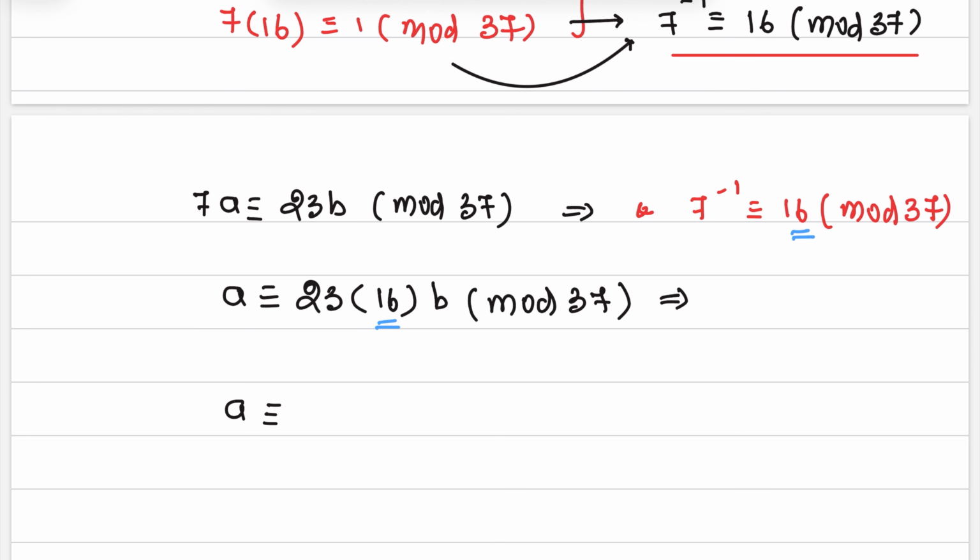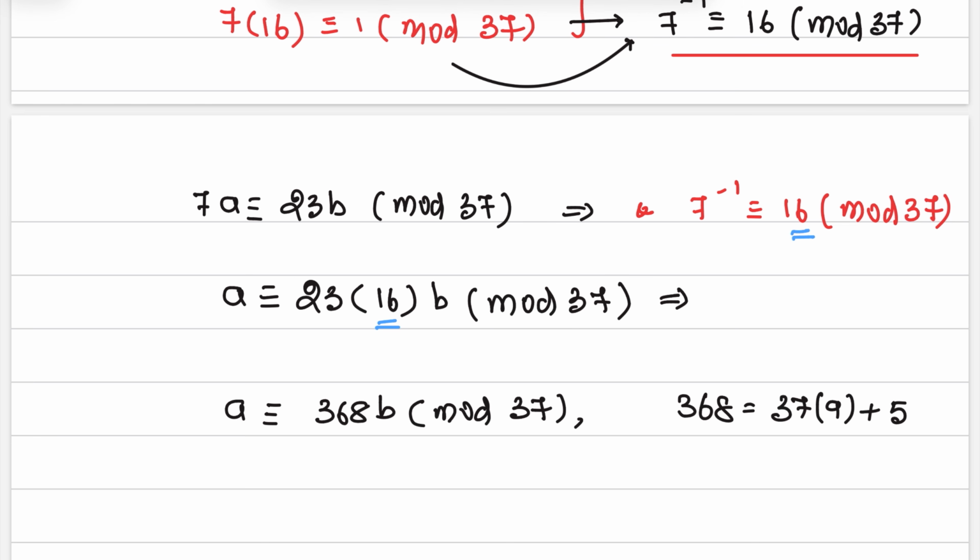A congruent to 23 into 16 is 368B mod 37. But 368 is equal to, in terms of 37, 37 into 9 plus 35.